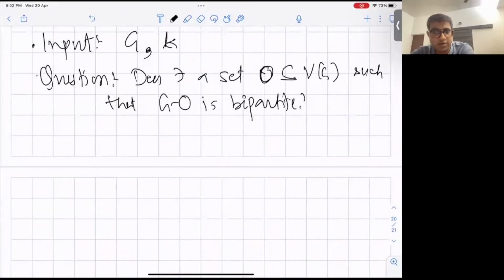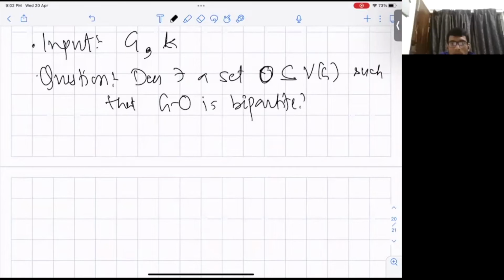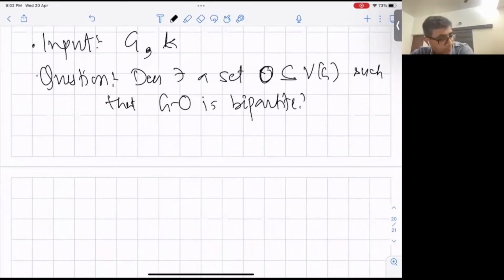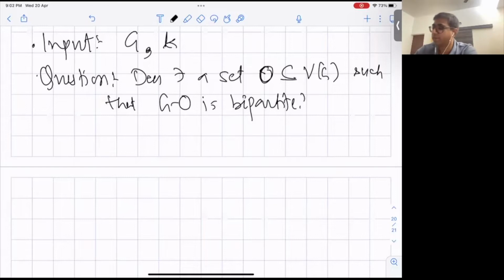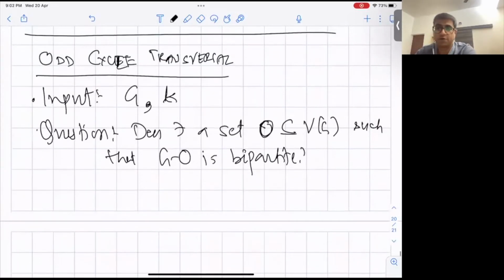And did someone get odd cycle transversal? No. Someone had feedback vertex set, if I recall correctly. Yes, sir. And someone had feedback vertex set in tournament. No, I have connected vertex cover. Oh, you have connected. Okay, fine. It doesn't matter. So nobody got odd cycle transversal.